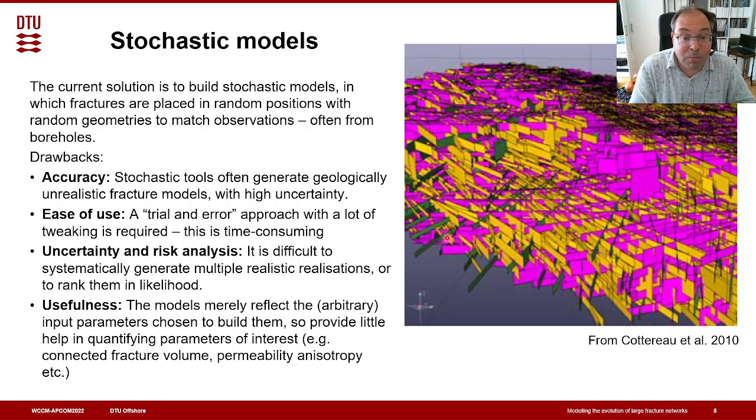And finally, because the models are merely reflecting the arbitrary geometric parameters that we applied to build them, they provide little information about parameters that are important for controlling the fluid flow, such as fracture connectivity and anisotropy, but which cannot be measured from the observed data.